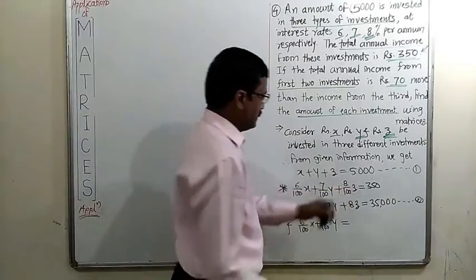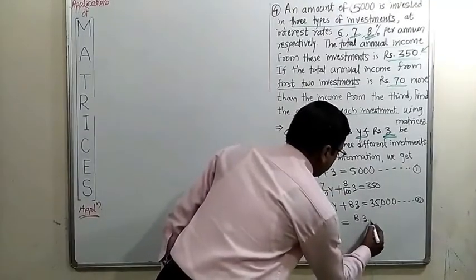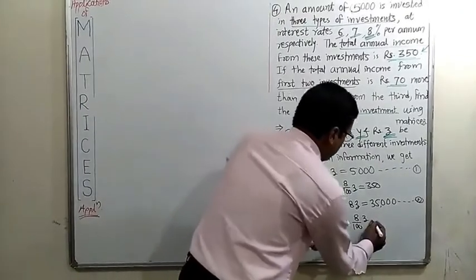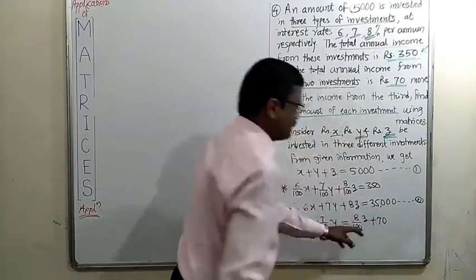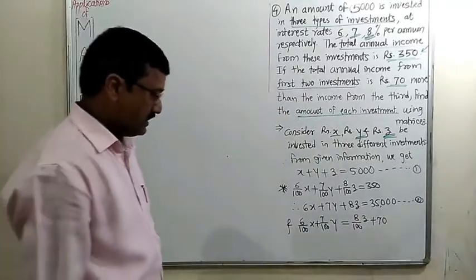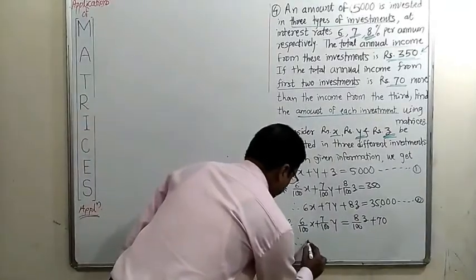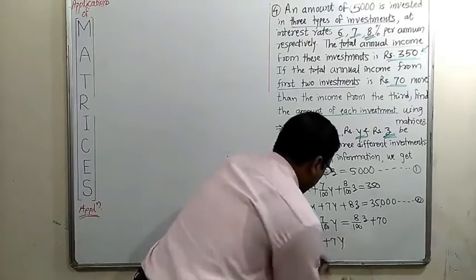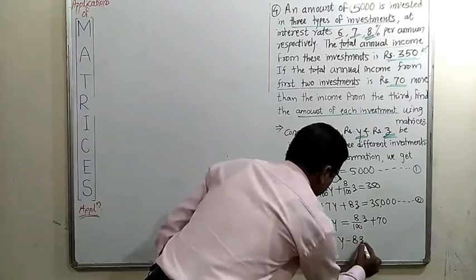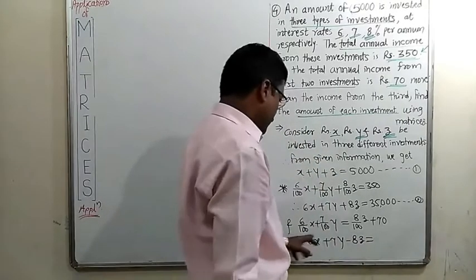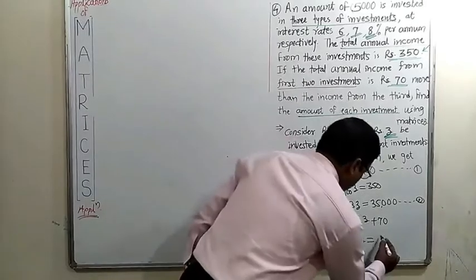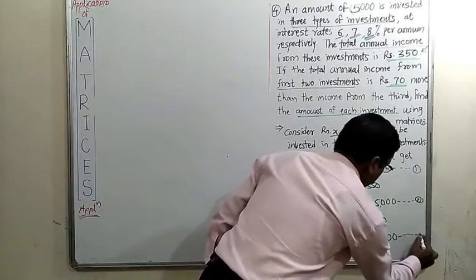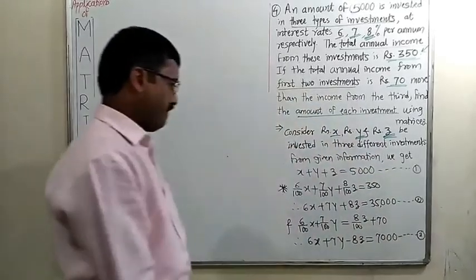It is 8 by 100 Z. This is the income from the third, and this income is more by 70 than this. So plus 70 is there. Let us simplify this. Therefore we get 6x plus 7y, taking this to the left becomes minus 8z, and is equal to, multiplying each number by 100, 70 into 100, that is 7,000. This is our equation number 3.